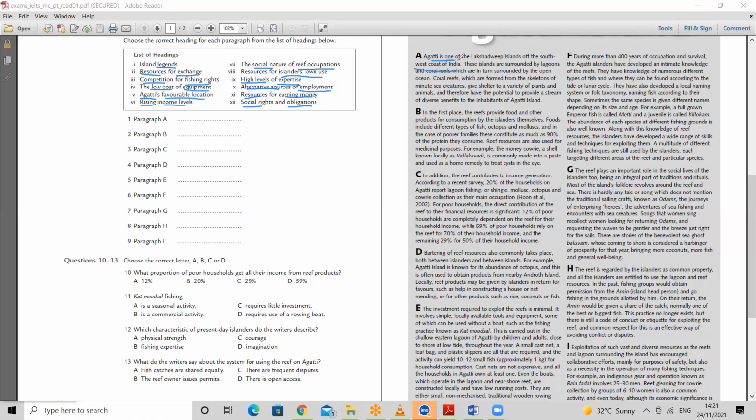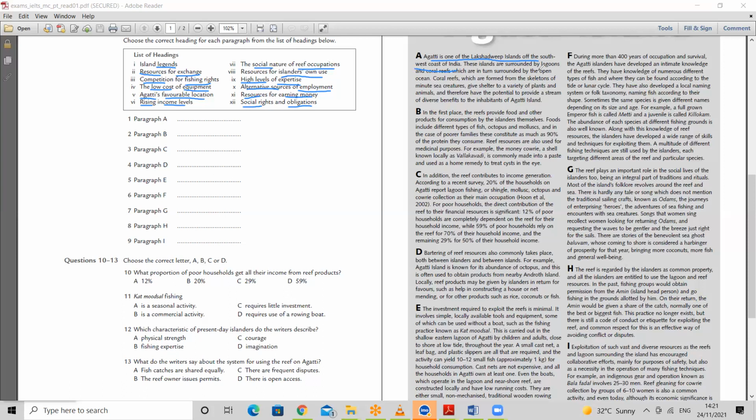If you understand the meaning, it talks about what exactly Agati is. So the sentence says what exactly Agati is.